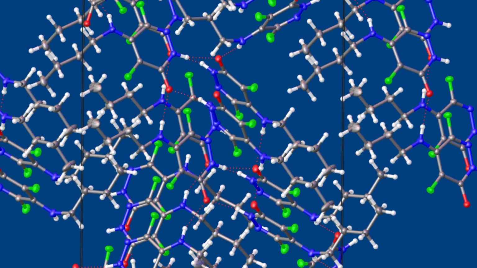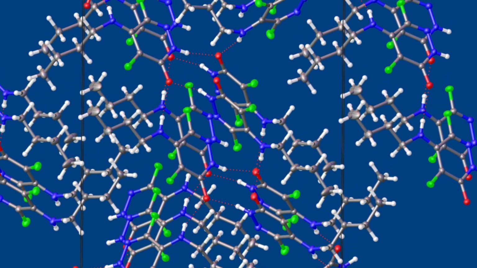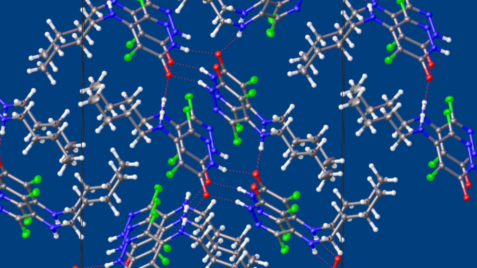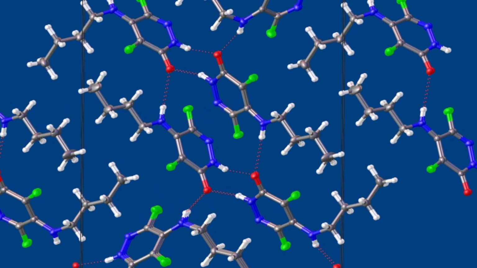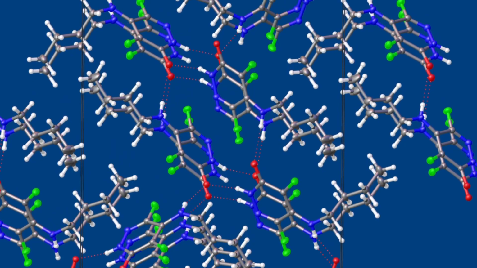And if we now show more of the molecules in the crystal, you can see that these hydrogen bonds are woven all throughout. And as you watch it rotate, you'll notice that things suddenly start to all line up. There is a pattern within the crystal, a regular repeating array.